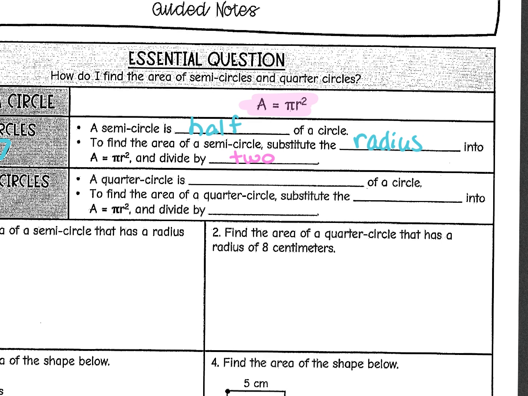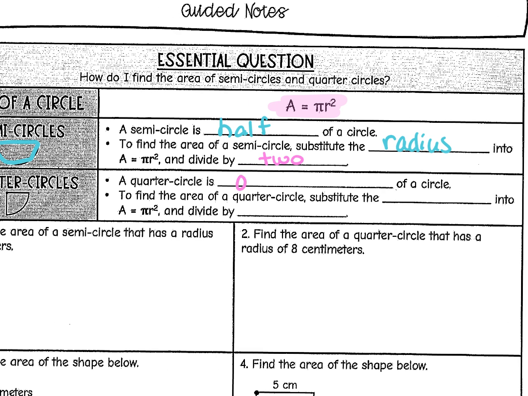Now a quarter is 1/4 of a circle. So to find the area of a quarter of a circle, we're going to substitute the radius again into A equals pi r squared. And then, because we want 1/4, we're going to divide by 4.